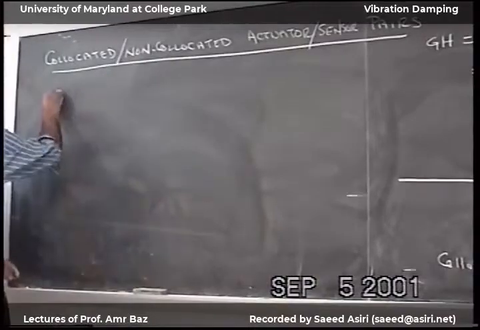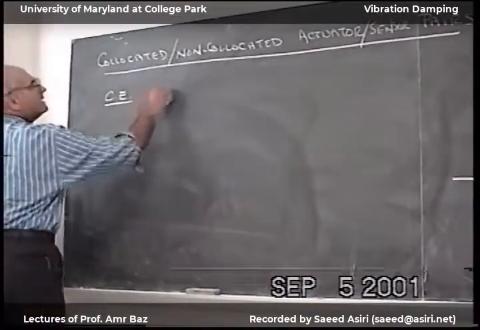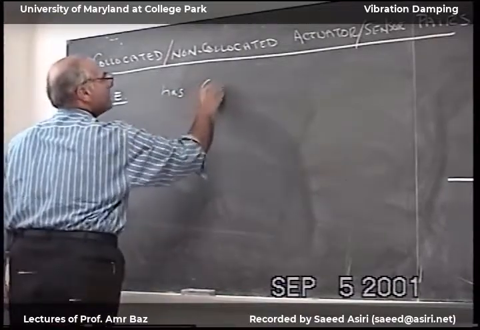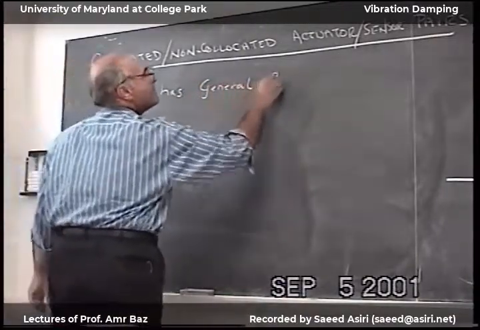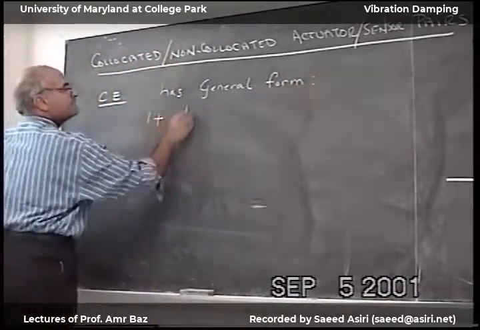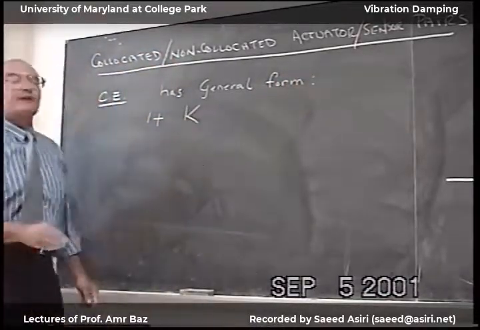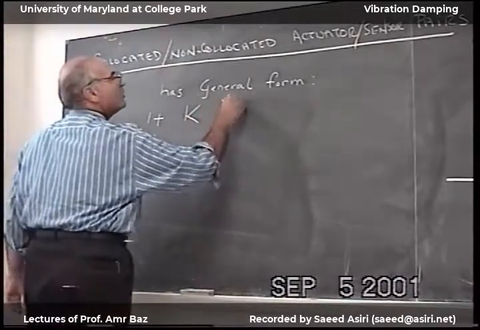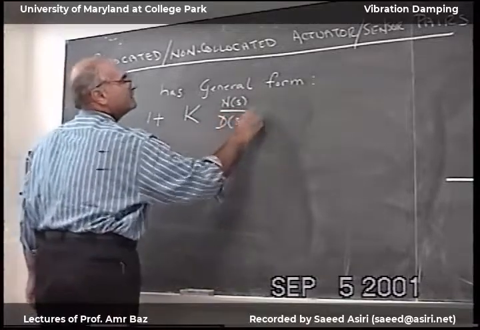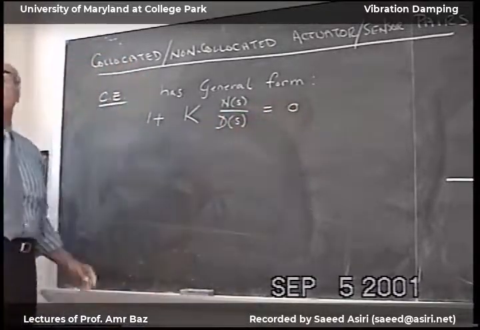And the characteristic equation has a general form: one plus gain, and then numerator, which is a function of the Laplace variable, and denominator, which is also a function of the Laplace variable, is equal to 0.